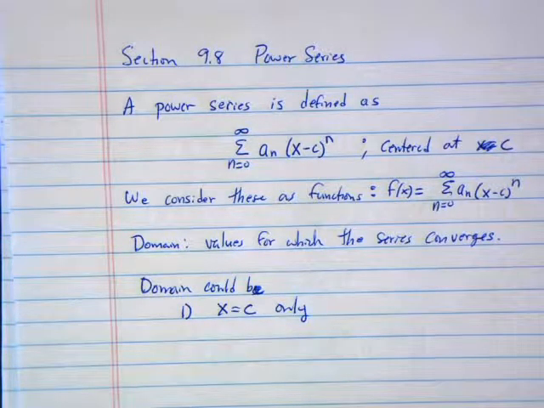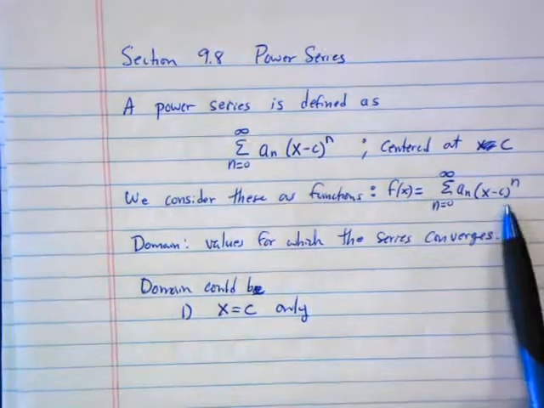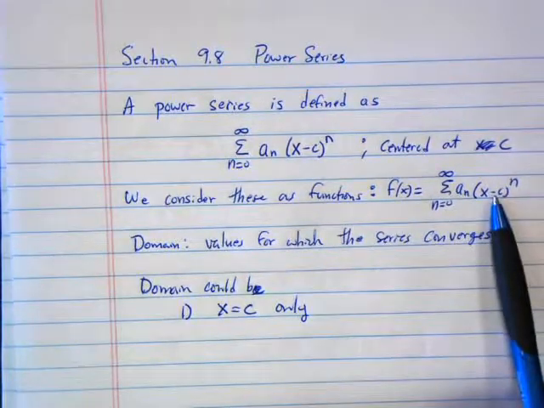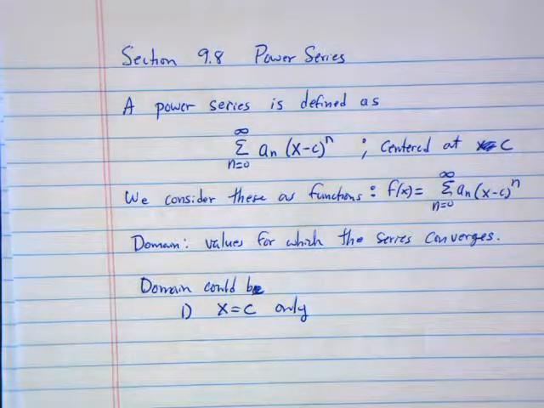How come you're always guaranteed that that function will converge at x equals c? Because it makes every term 0. If x equals c, you have c minus c, that's 0. You add up a bunch of zeros, you get 0. So you're guaranteed that it will always converge at least one point.